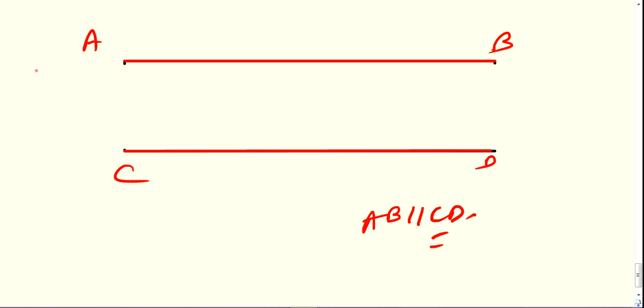Simply they are parallel to each other, because if you remove the scale from your notebook, your lines look like this. So line AB and line CD, these two lines are parallel to each other. This is your question number 8. Then question number 9 you can solve.